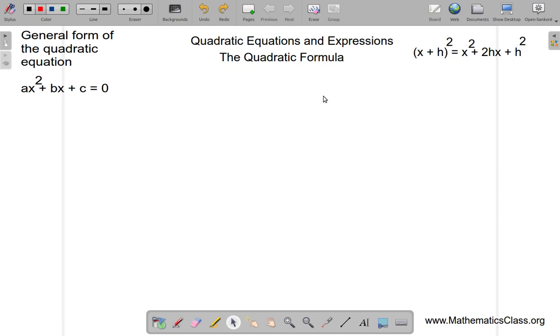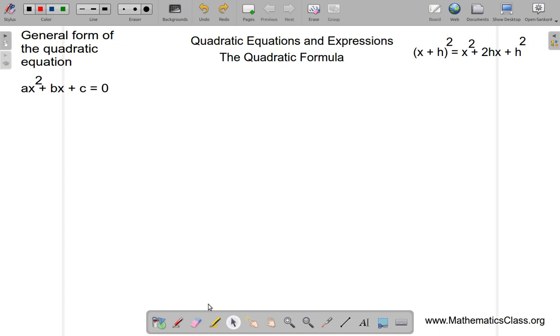What we want to do, we don't just want to write down the equation and say, yeah, there it is, let's use it. We want to build that formula. That formula can be used to solve any quadratic equation, but we want to build it up.